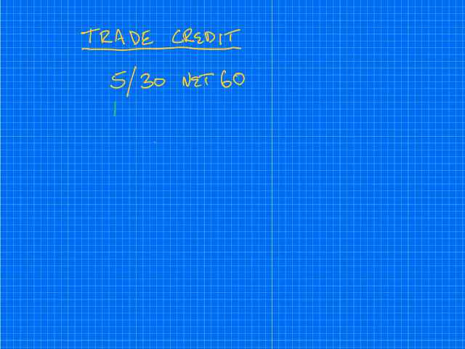This first number, 5, is the percent of your discount, how much you're going to get off. If it's $10,000, it's going to be 5% of that $10,000 that you'll receive off, in this case $500, if, and here's the if, you pay in 30 days.